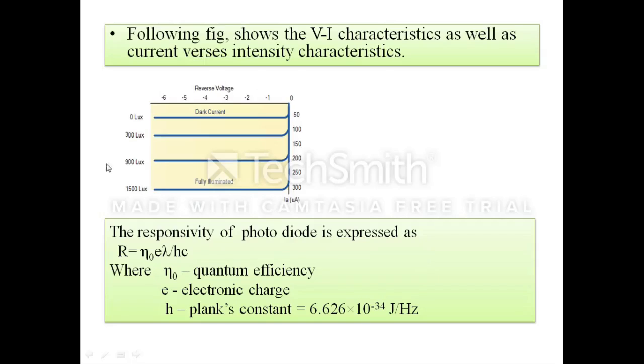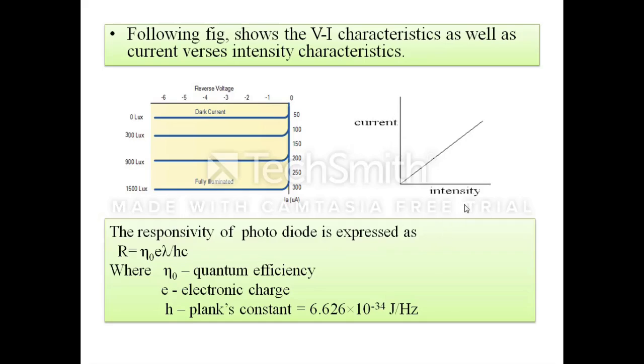This figure shows the VI characteristics of the photodiode, while this figure shows the illumination characteristics of the photodiode. These illumination characteristics are plotted between intensity and the current flowing through the diode.